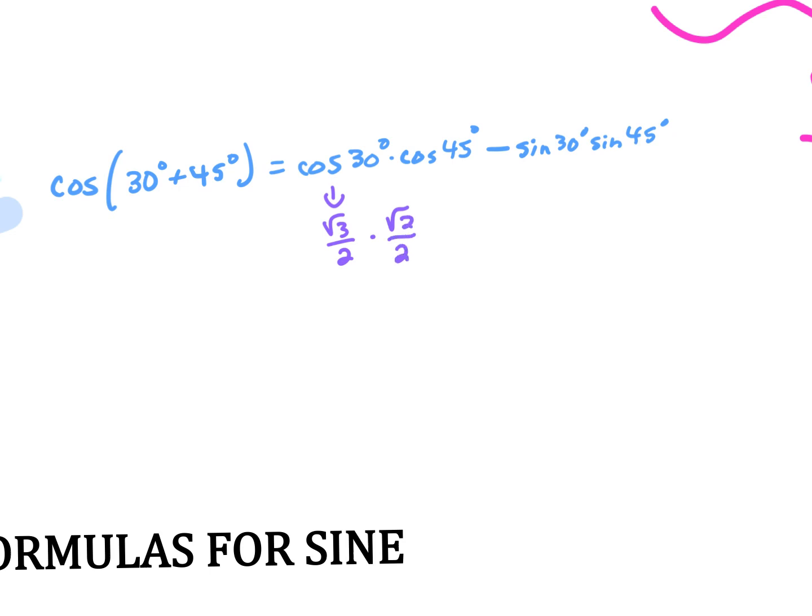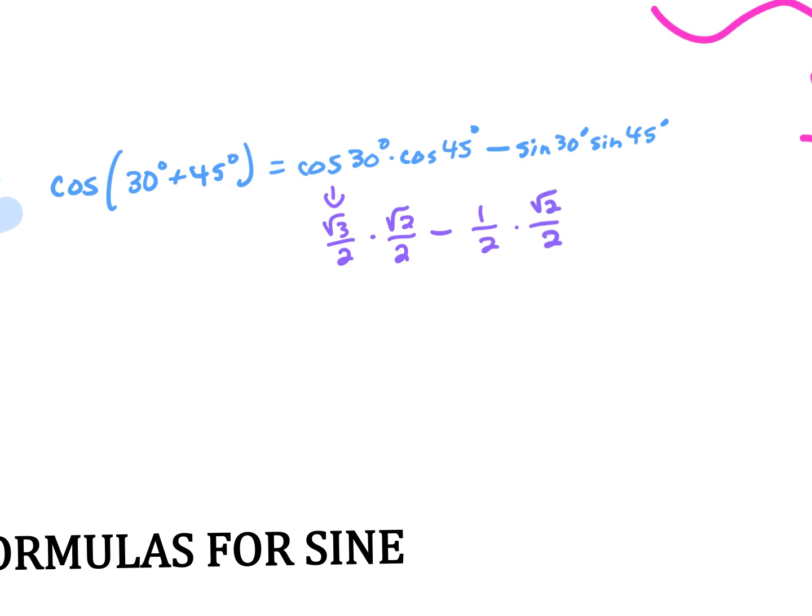Yep, root 2 over 2. Okay, and then minus the sine of 30, Raya? 1/2, sounds good. And then times the sine of 45, Elisa? Root 2 over 2, there you go, good.